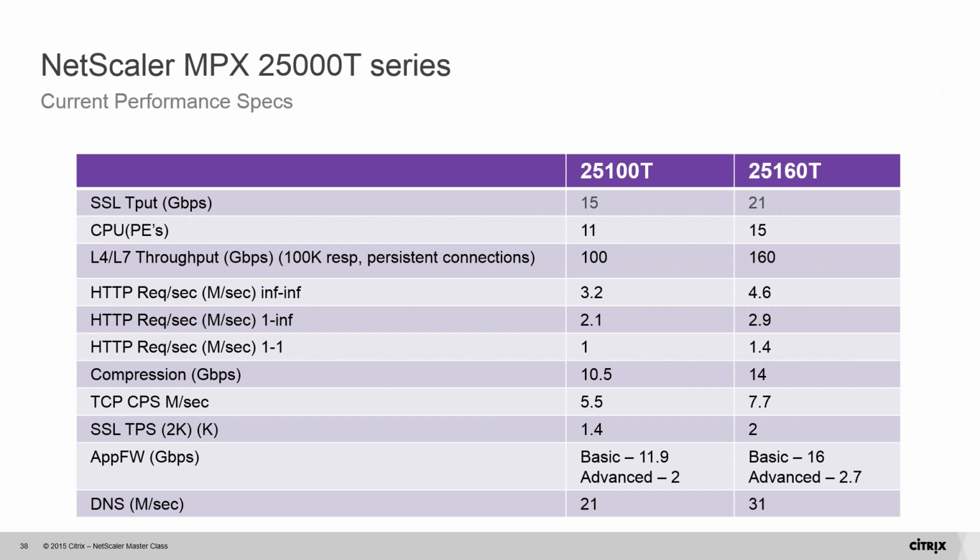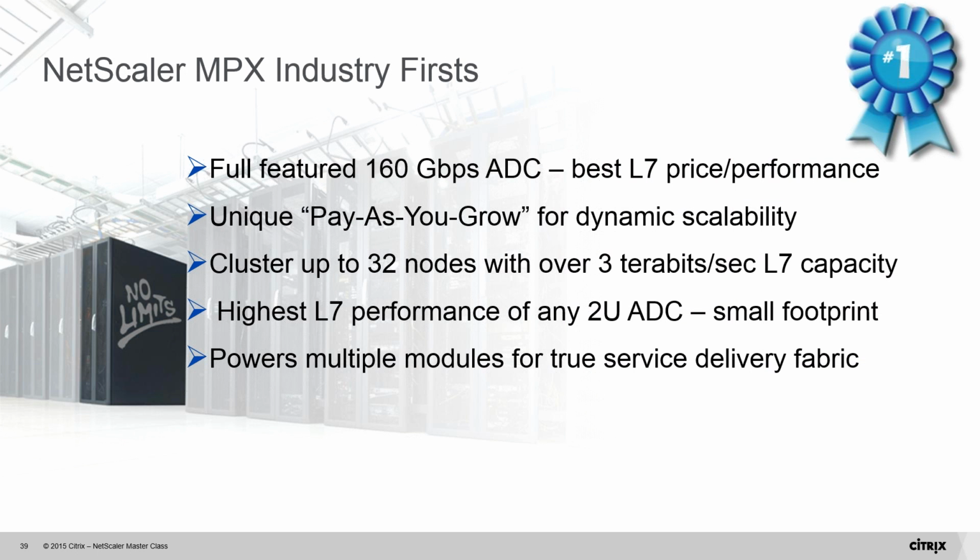And on the last slide for this update, talking about the 25,000 series, it is the first 160 gig ADC with the best layer 7 price performance. It does pay-as-you-grow between 100 gig and 160. It does cluster for your tri-scale action, and definitely for a 2 rack unit tall ADC, smallest footprint, highest performance, giving you the services that you're known for. The web app firewall was another metric on the slide before that shows what kind of throughput's going on there.